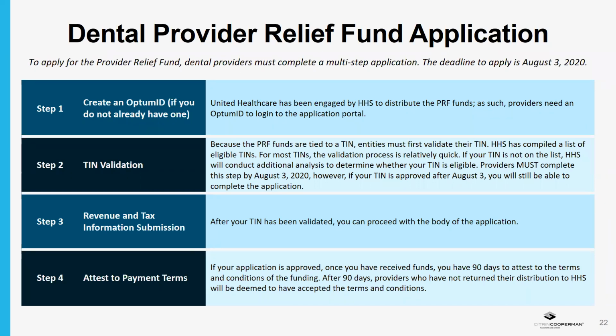Also, they're going to ask you for any PPP loan that you applied for and were granted. So you'll need to have that information along with banking information, because once funding is approved, they will automatically deposit into your account. And I think that's all the time that I have with respect to the dental providers.